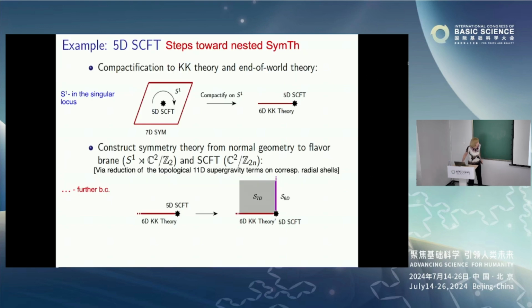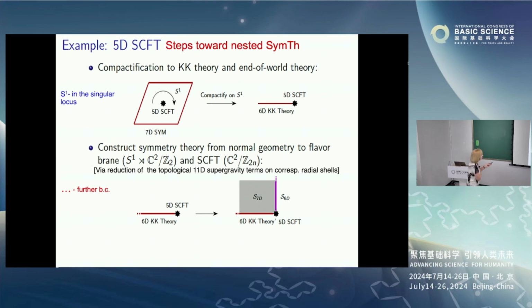In any case, I will still go back to one-form symmetry and see how we interpret this nested field theory, symmetry theory, in this context, and how we actually obtain the same result about the one-form symmetry and the two-group structure. The idea, as I argued already, is that we are dealing effectively with a 7D flavor theory and the corresponding defect of 5D superconformal field theory.